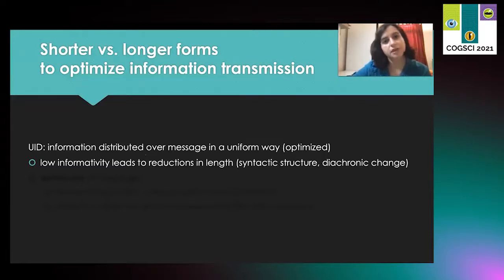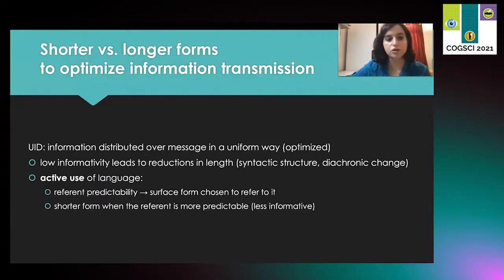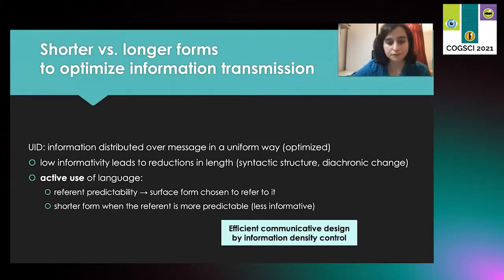In our study, we showed that low informativity leads to reductions in length also during the active use of language, and that referent predictability can lead to a reduction in the surface form that is chosen to refer to the referent. The shorter form is chosen when the referent is more predictable, less informative. This is evidence for efficient communicative design by information density control.